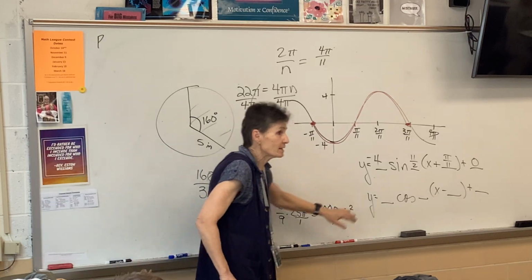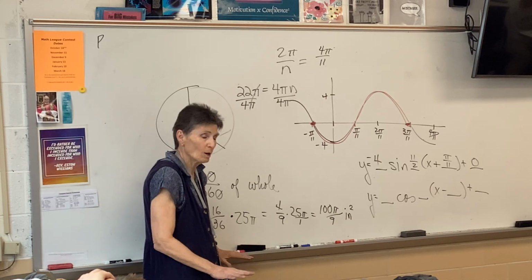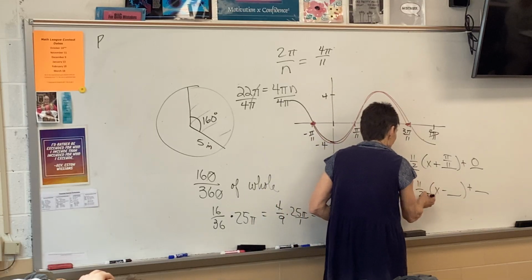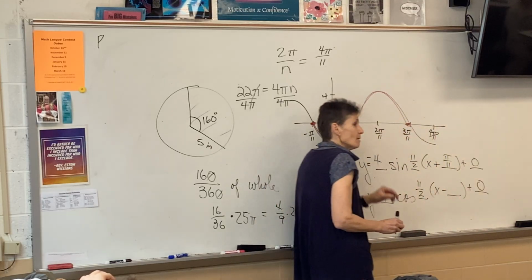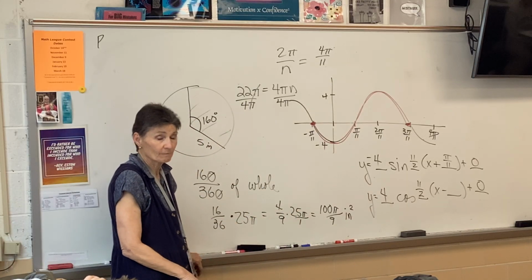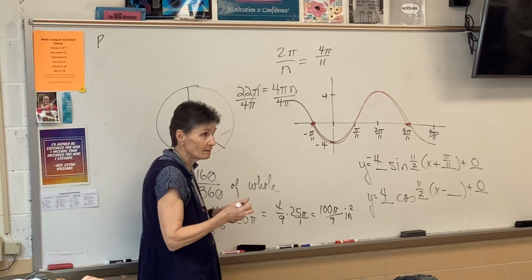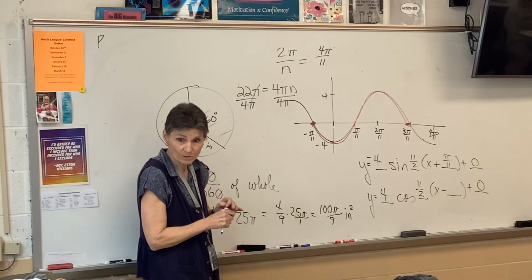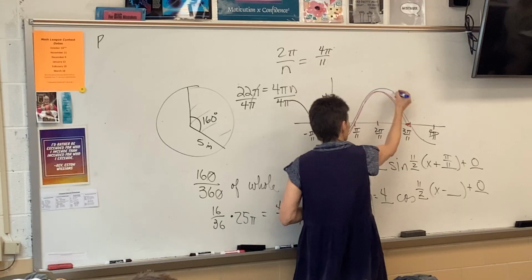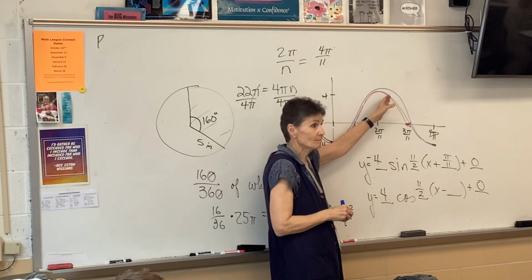Now, when I write my cosine equation, it's going to be exactly the same, almost. This is still going to be a 4, this is still going to be 11 halves, and this is still going to be 0. The only thing that's going to change is the horizontal shift, the phase shift. Because if I'm thinking of this as a cosine, I'm starting somewhere else, right? I'm starting at either the bottom of the hill or bottom of the valley, or the top of the hill.